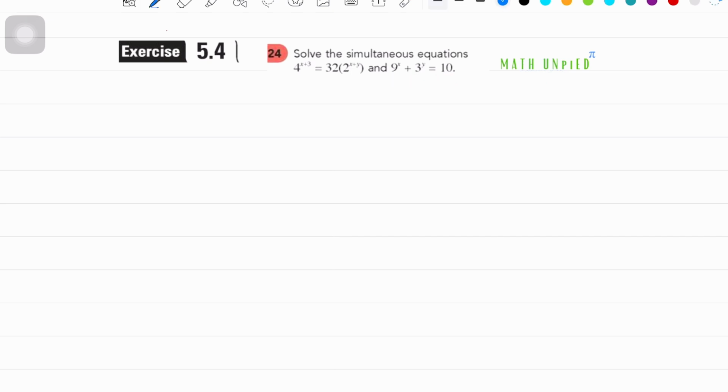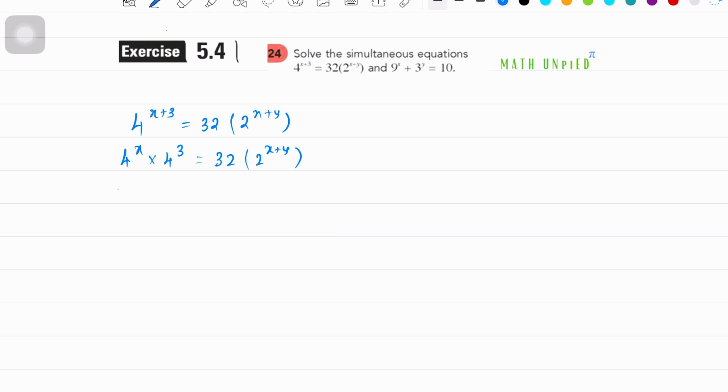Now we'll simplify the first equation. So 4 raised to x plus 3 equals 32 times 2 raised to x plus y. Now this is 4 raised to x times 4 raised to 3 equals 32 times 2 raised to x plus y.